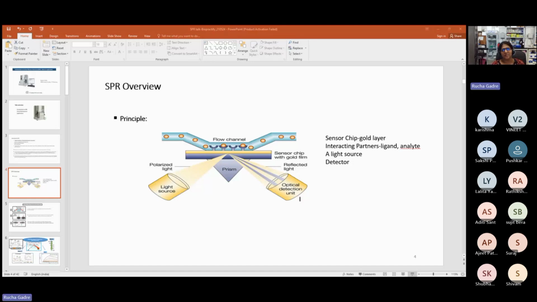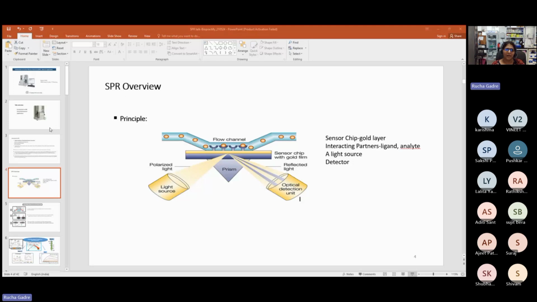Now we'll see it in detail, as we were discussing. This is a chip which has a metal film. The binding partner which we immobilize is called the ligand, and the one which is flown is called the analyte. A monochromatic light is incident on the metal film, and there is total internal reflection, and the detector will detect this.